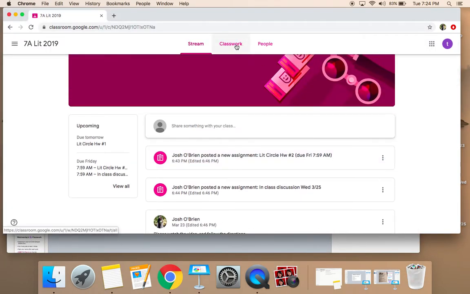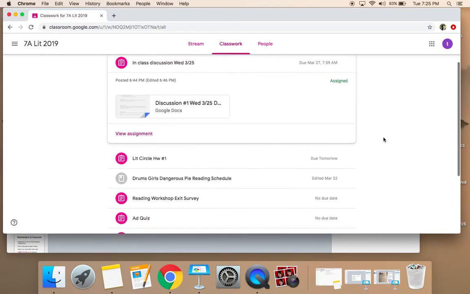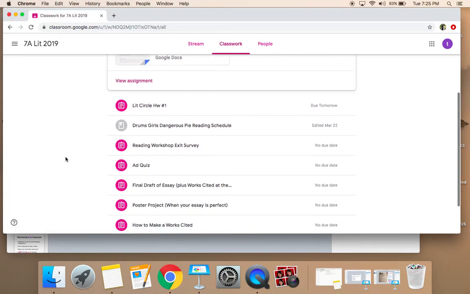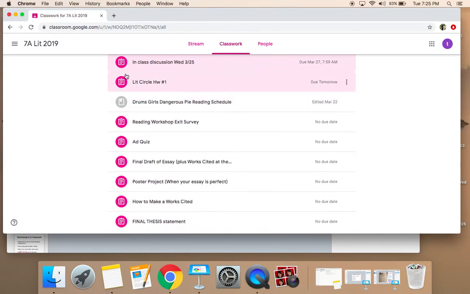The first thing I'm going to do is go up here to classwork. I think it's easier than the stream because anytime something new gets posted, it goes to the top. The first thing I want to look at is the reading schedule. If you look through your classwork, you'll notice there are all of these assignments. Clipboard means assignment, but a schedule is a material.